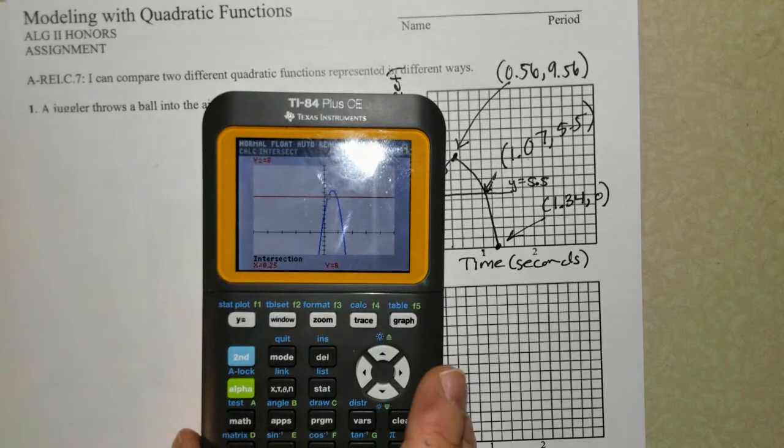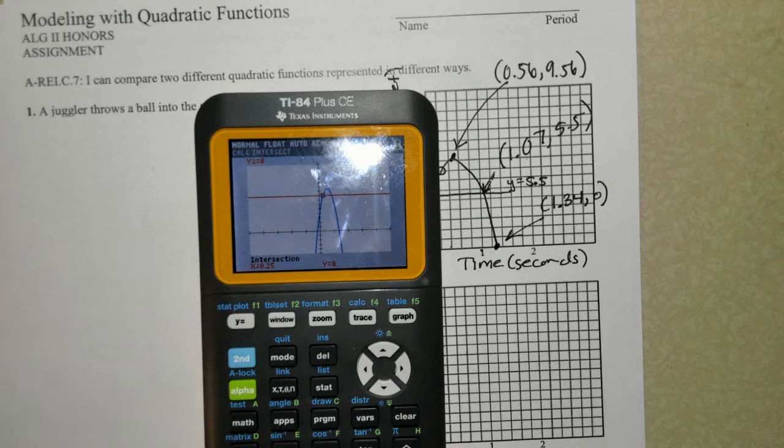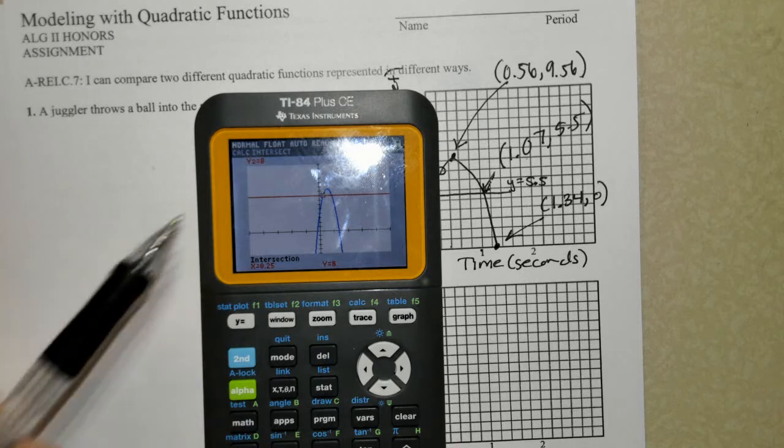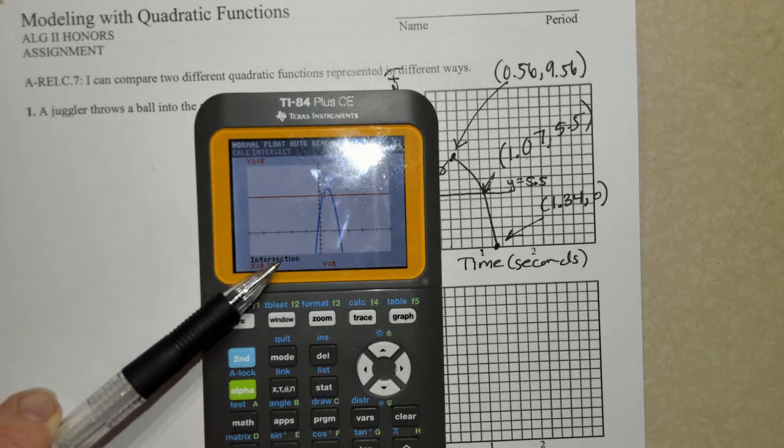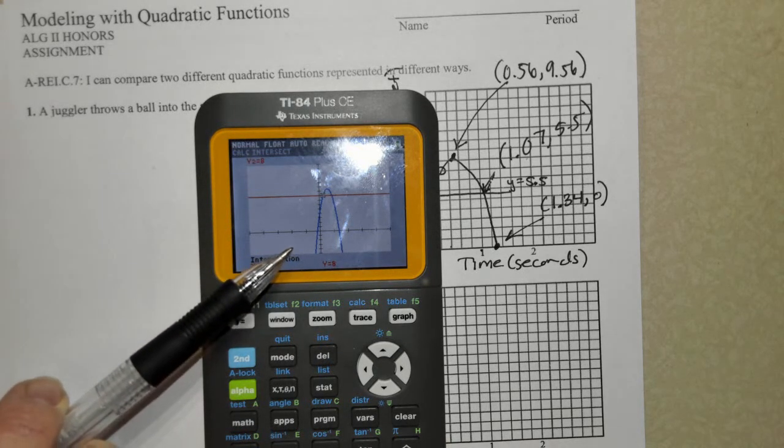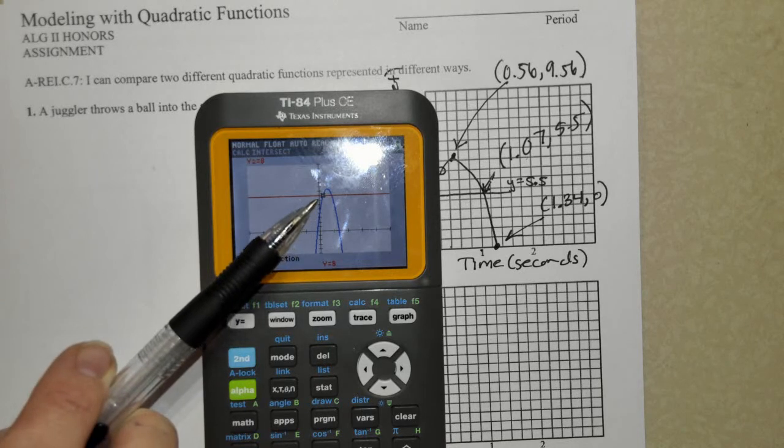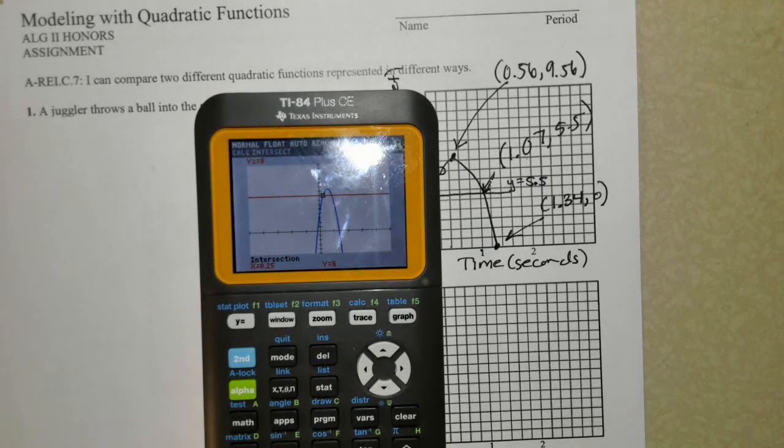Now the key is round it to the nearest. Be very careful here. Round it to the nearest hundredth. What would the answer be? 0.25 seconds. So it's like a quarter of a second it would take for the ball to reach 8 feet above the ground.